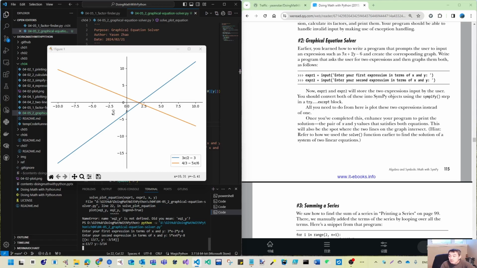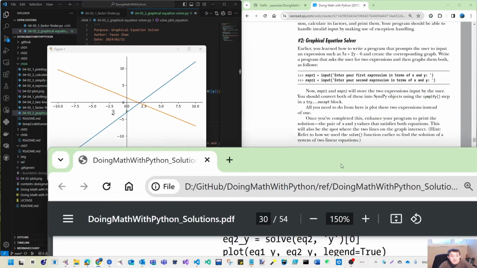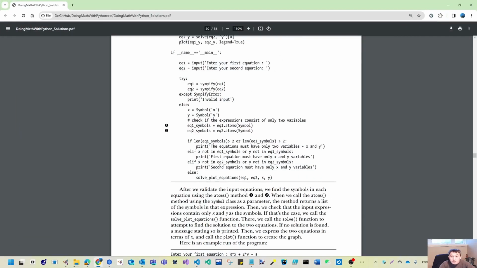If you read the author's solution page, you may find that after we check the simplify, the author also introduces atoms, the function or method to check whether this expression consists of only 2 variables, because if you happen to get an input with x, y, and z, or ABC, more than 2 variables, it will give another kind of error.